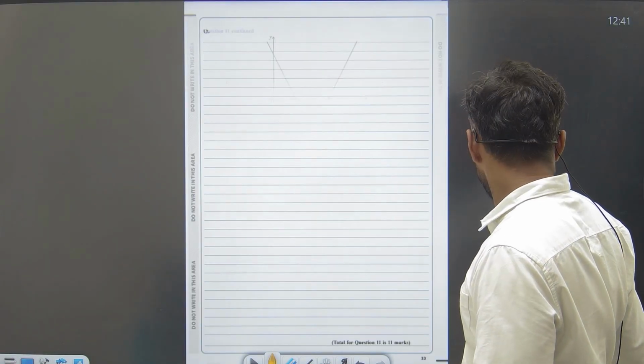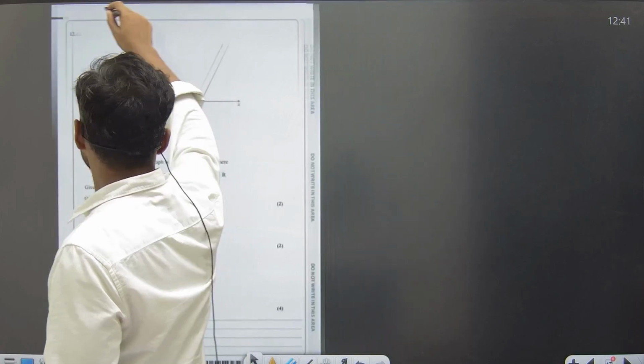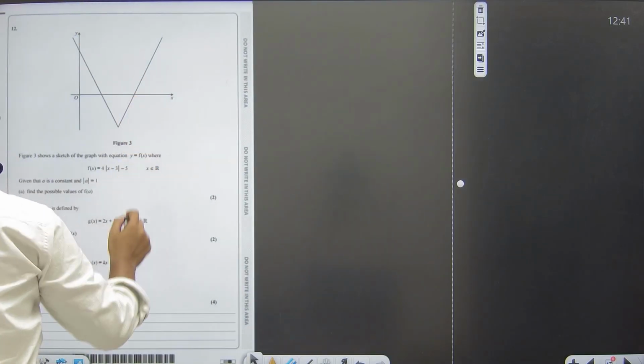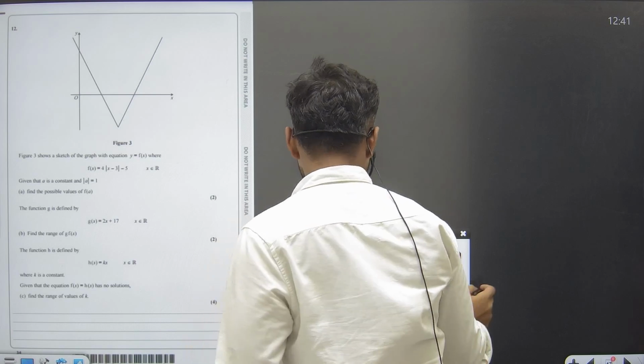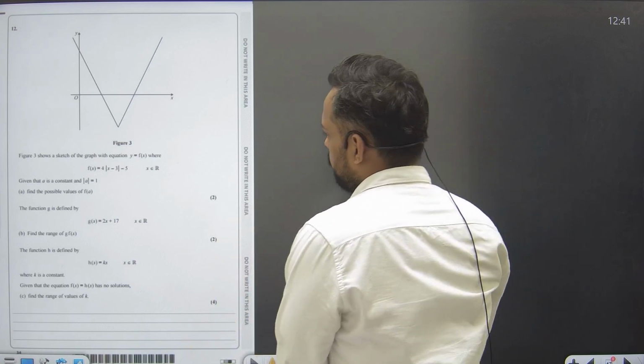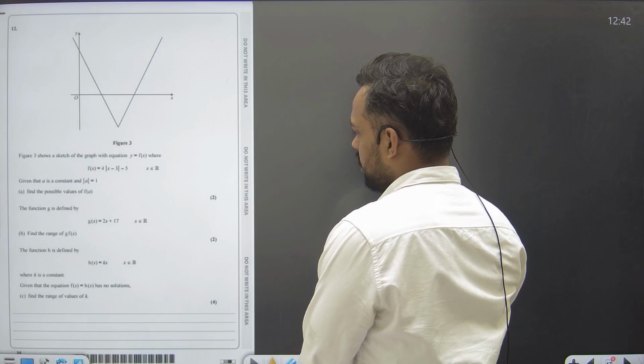Now let's move to the next question, students. See, they have given a certain function, and we need to find the possible values of the range of g(f(x)).